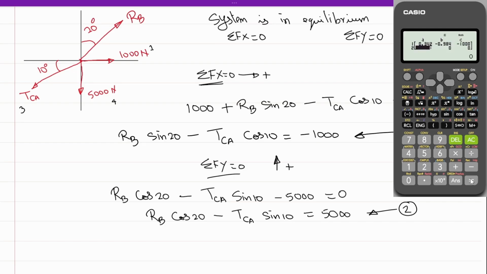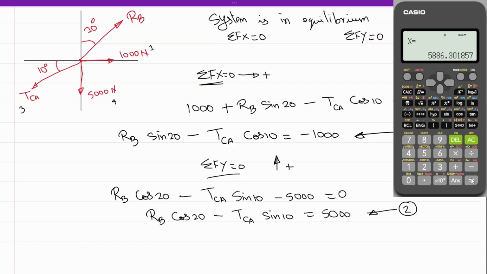Next, for the second equation, it is cos 20, then minus sin 10, and the last one is 5000. So type 5000 and equal to.